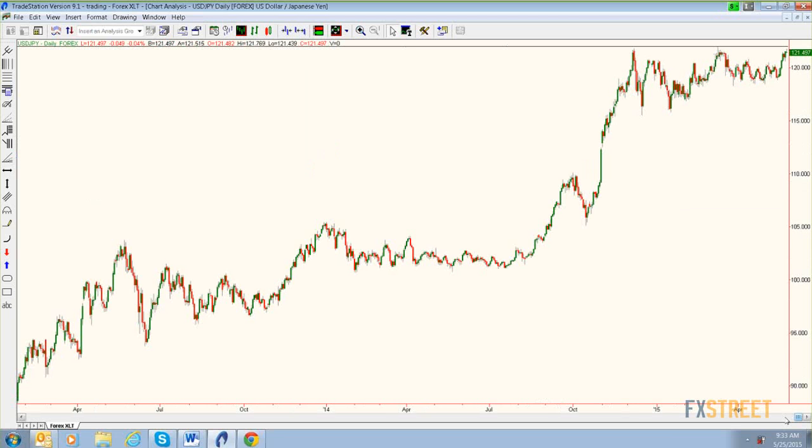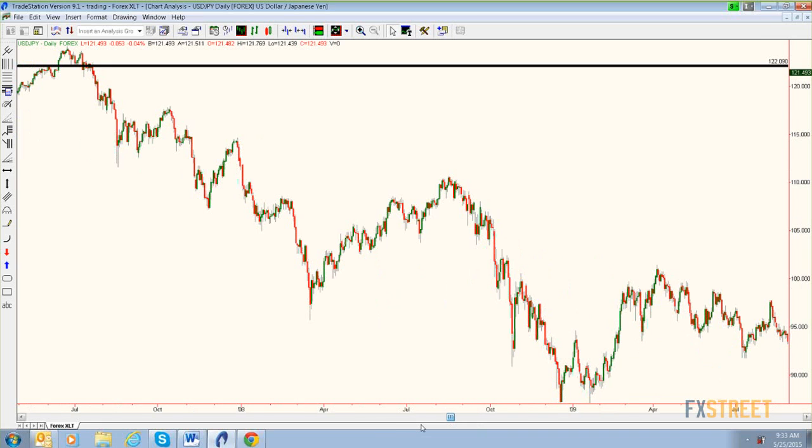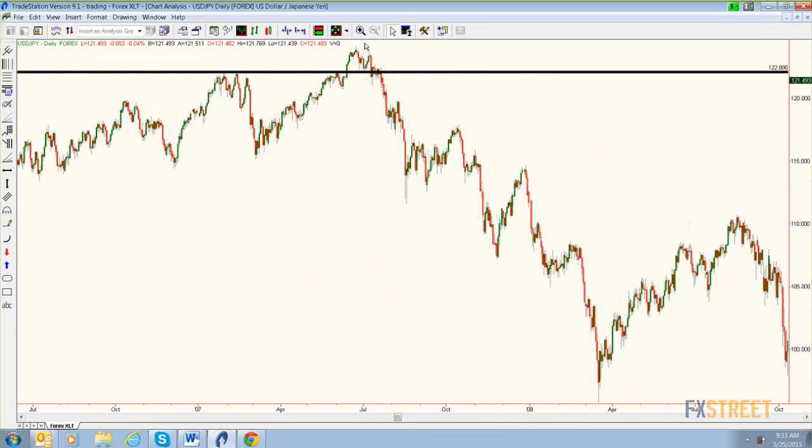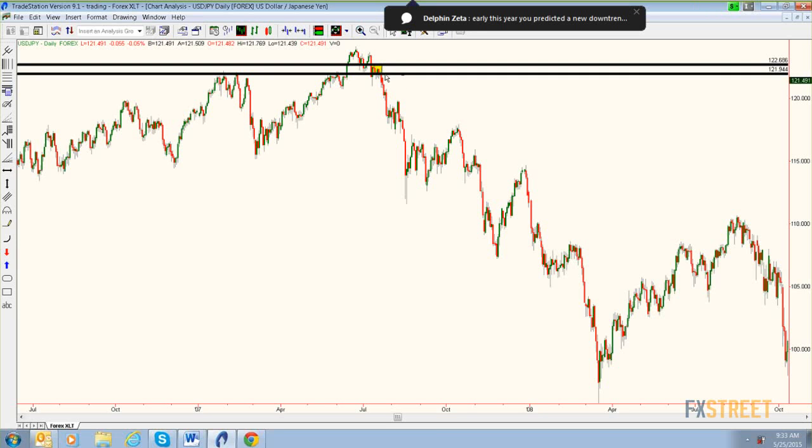Okay, let's go left. All right, so you can see what's containing price up there. Really nice looking supply, right? Almost a very textbook level right there. We put our lines in according to rules. Here's our distal line. Here's our proximal line.